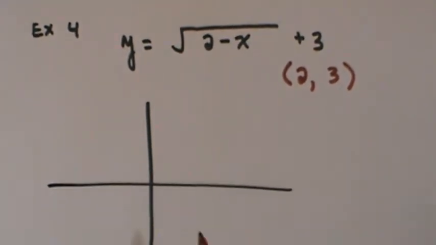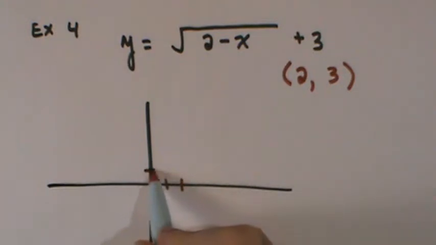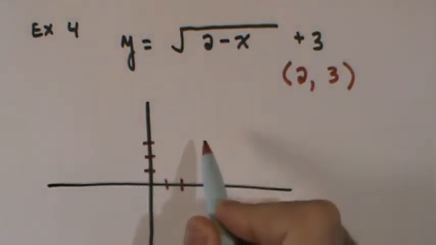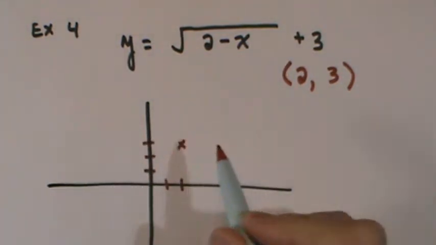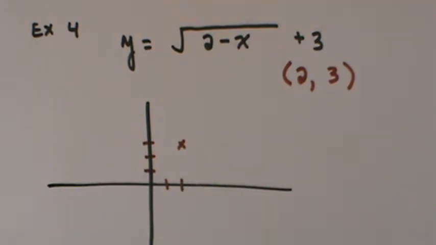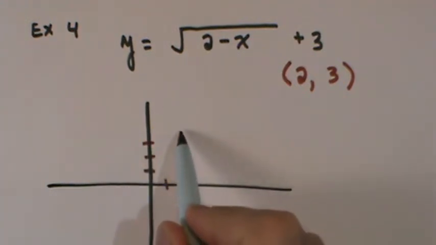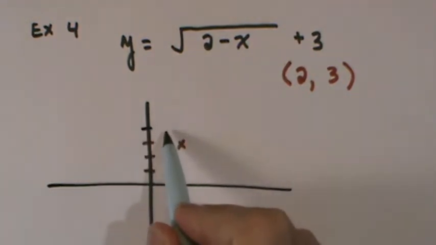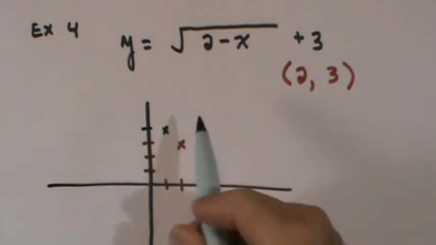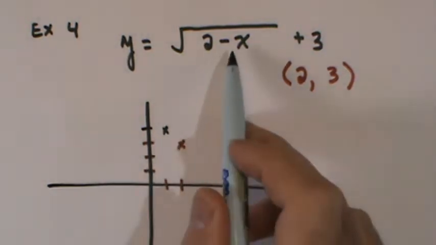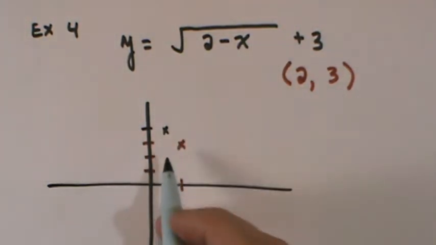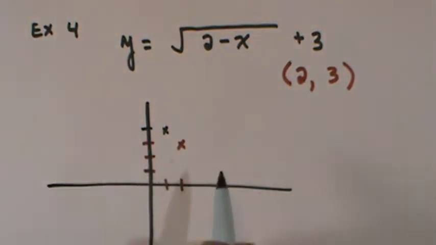So what I'll do, I'll locate the point (2, 3), 1, 2, 1, 2, 3. This is my vertex. Standard movements, as I just described. I need the top part of the parabola. So I can go up 1, to the left 1. Again, the reason why I'm going to the left is because of that negative x under the radical. It tells me to open leftward.